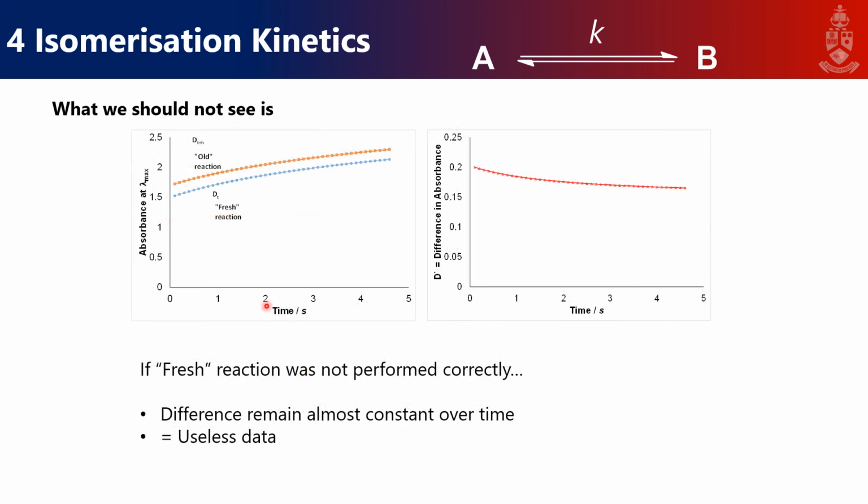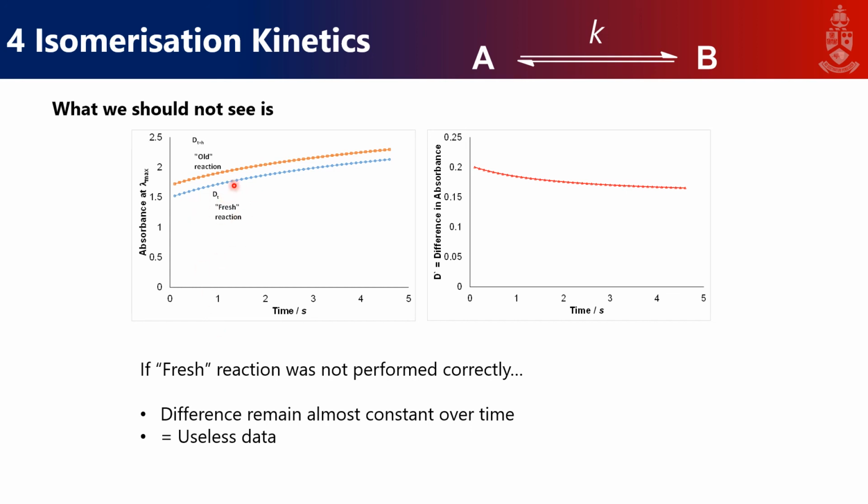In a similar vein, let's say you made one reaction 2 hours before, and the other one 1 hour after, and you only start measuring an hour after you've made the fresh reaction. Then you would see the plateau has already begun, and there's a problem in your difference.